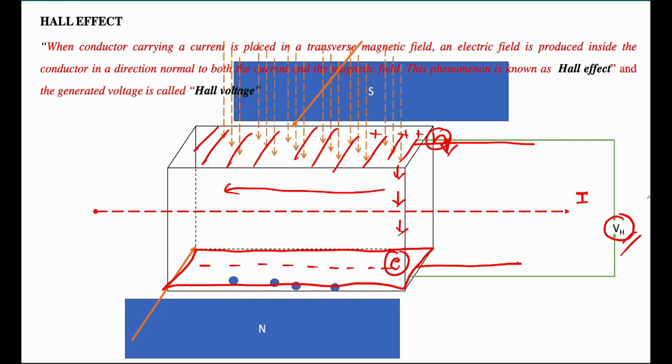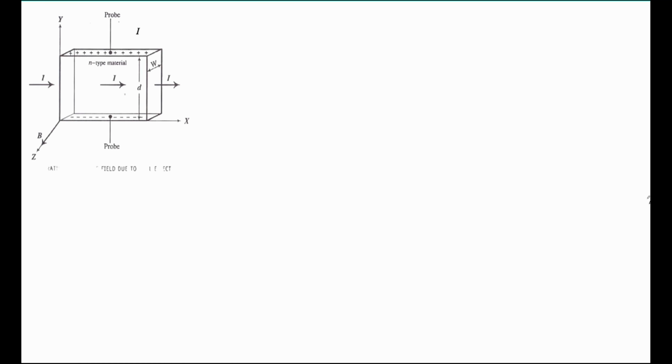So let us see the Hall effect derivation part. For that we need to draw this diagram with the semiconductor. The N-type semiconducting material is placed in x-axis, y-axis and z-axis, three-dimensional space. I is in this direction, okay, and W is the width of the slab, D the distance between these two plates, meaning the positive and negative plate.